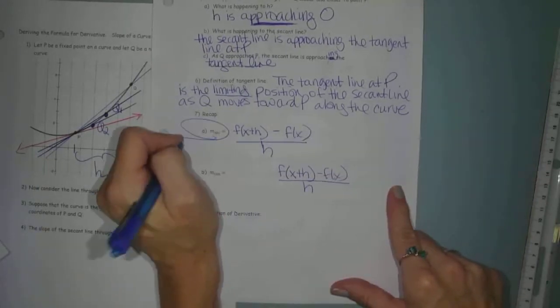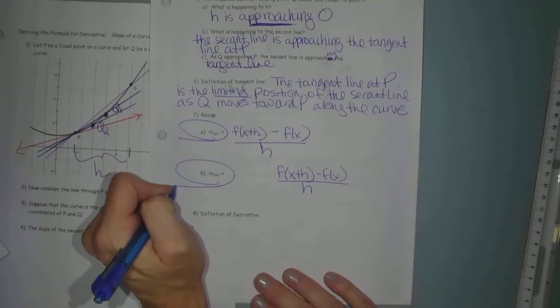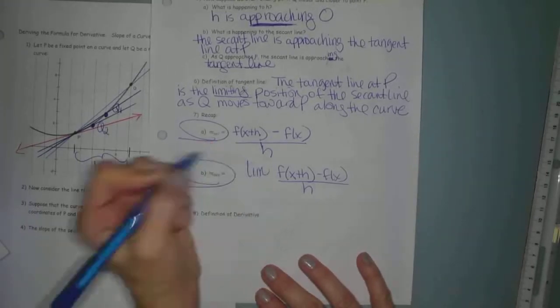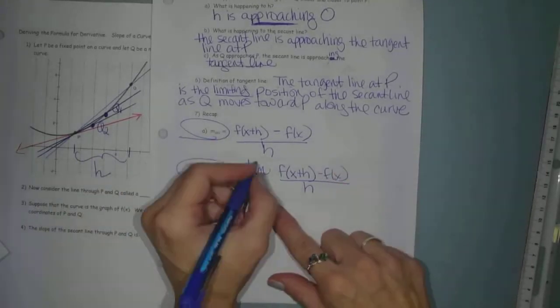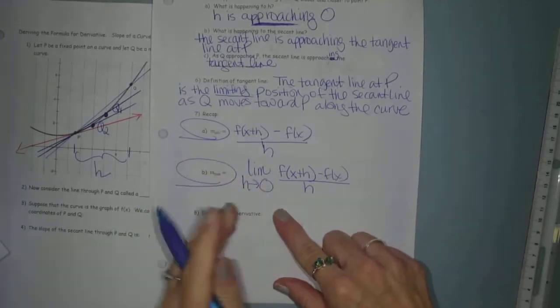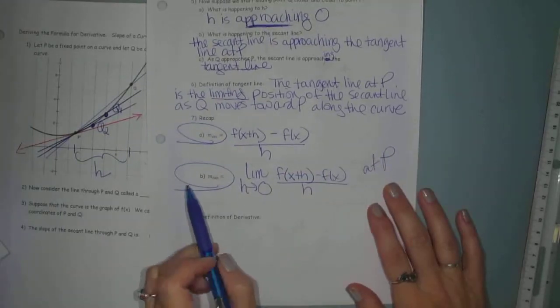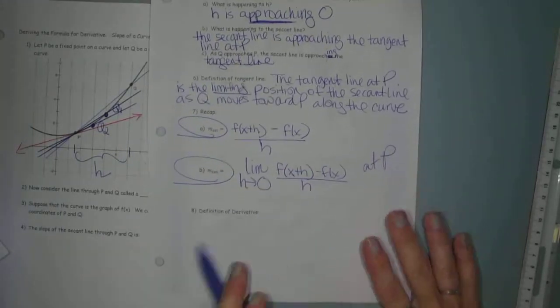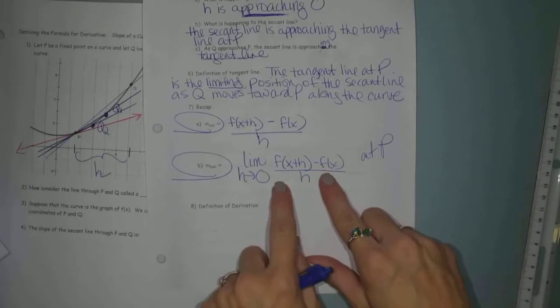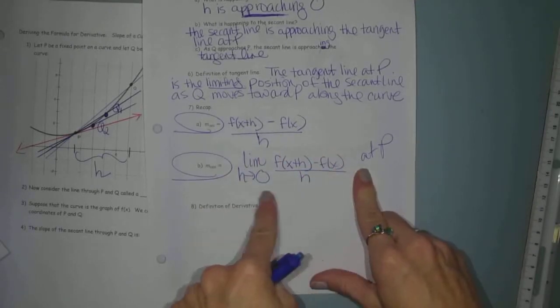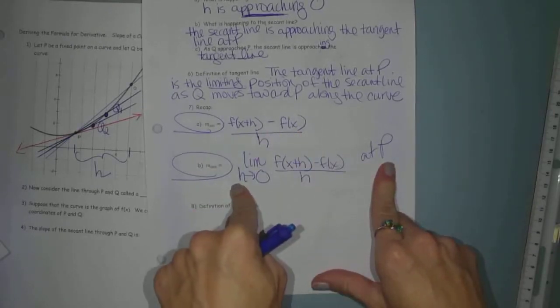But to change it from the secant line to the tangent line is the limiting position of the secant line as h slides towards 0. So now you have tangency. You are at P and you have tangency. So you have now found the rate of change of your curve. This is the slope of the tangent line at a point.